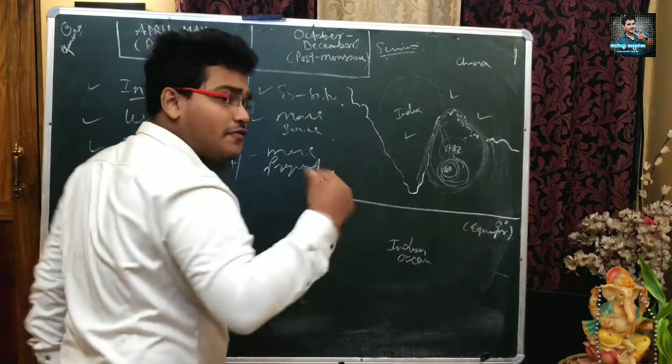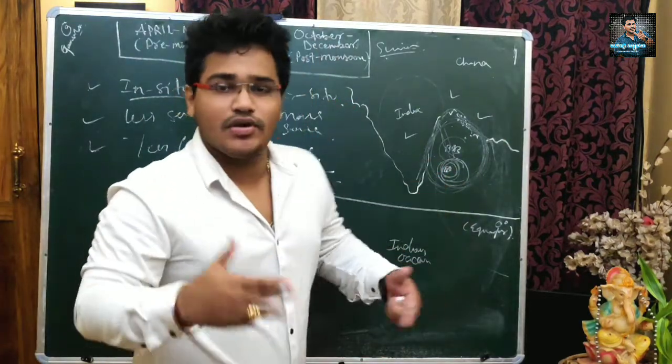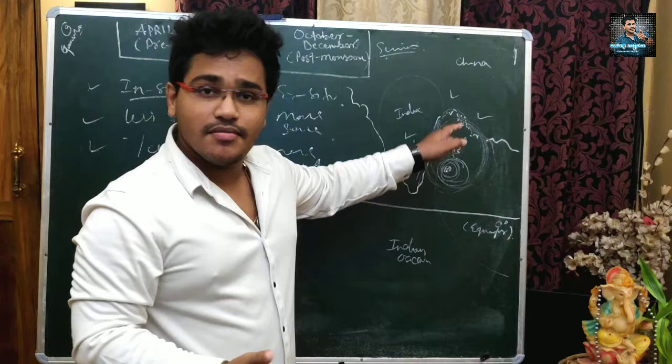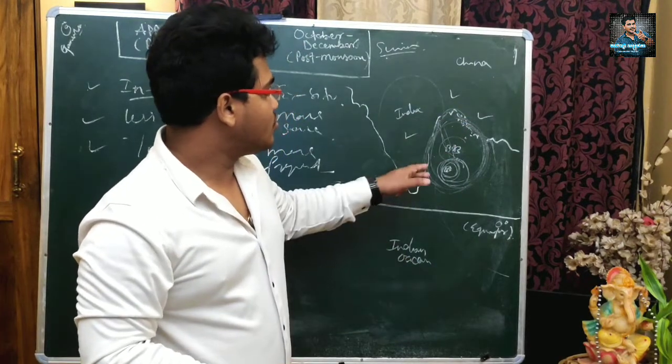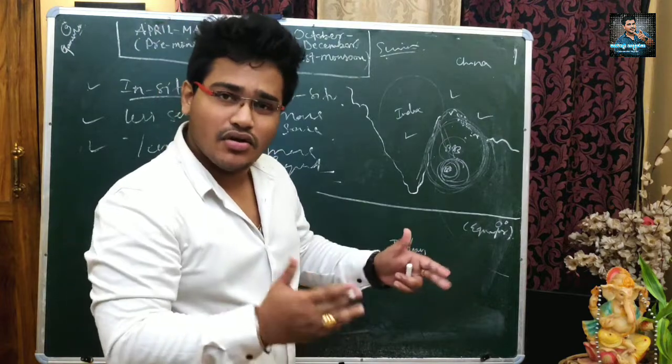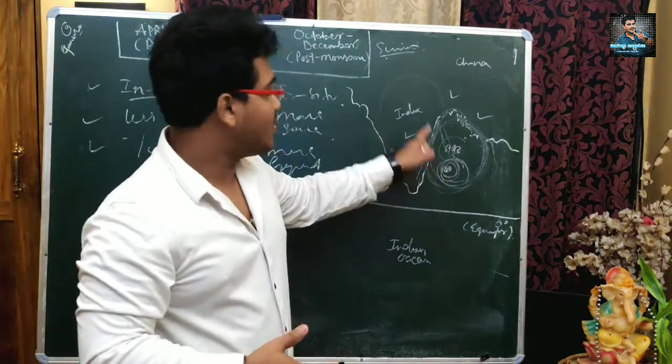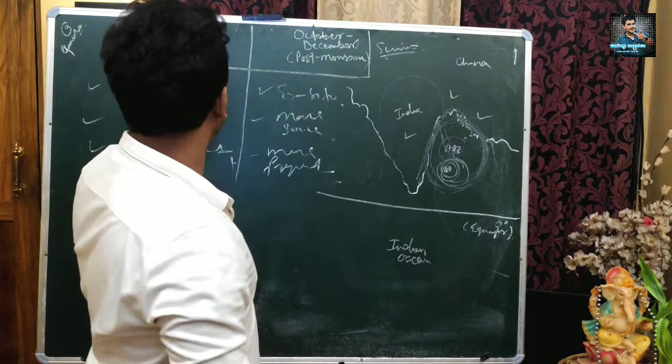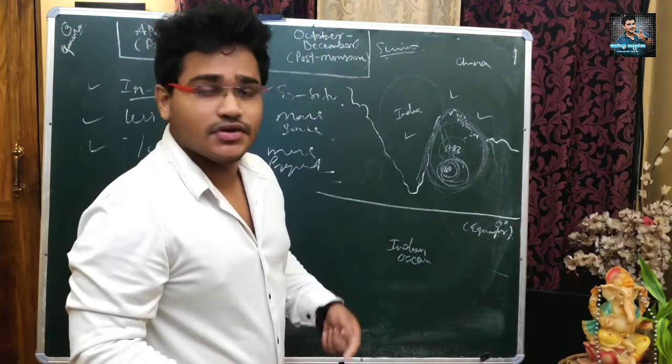So these conditions are not frequent. It may happen, it may not happen. The local condition may prevail over here. So these conditions are rare. That's why the origin of these pre-monsoon cyclones is not often.